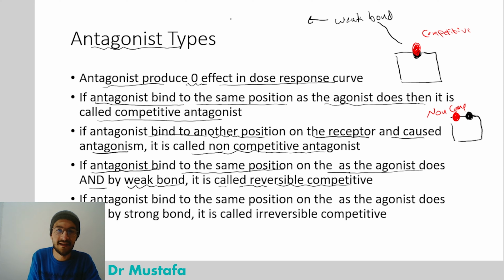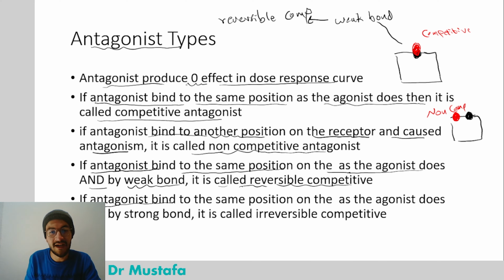So the antagonist is reversible because it is binding by a weak bond, and because it's binding to the same site as the agonist, it is competitive. So it is reversible because of the weak bond, and competitive because it's binding on the same site.